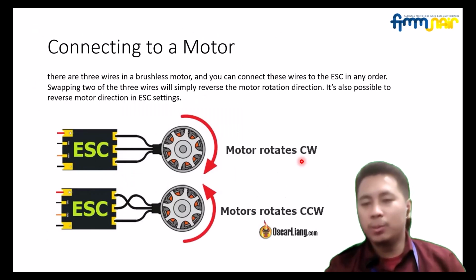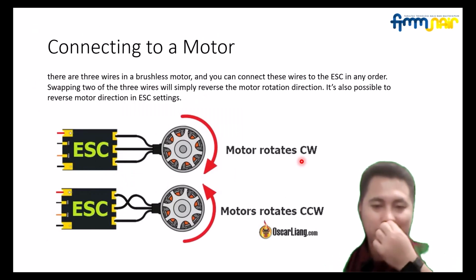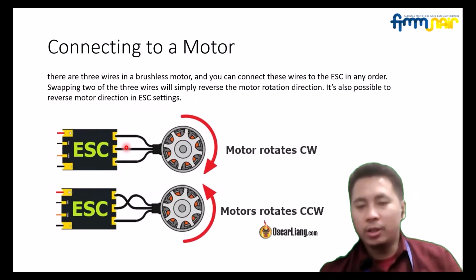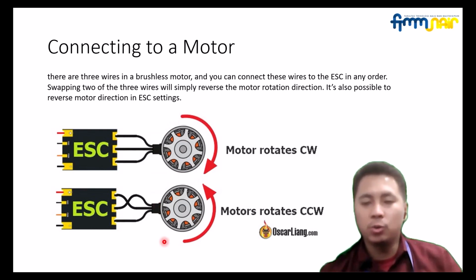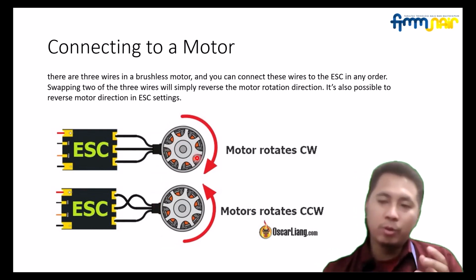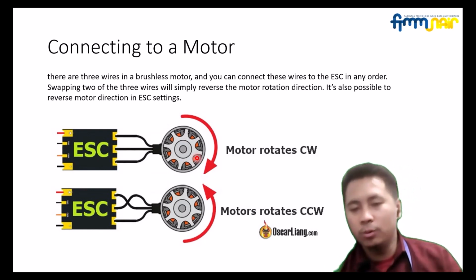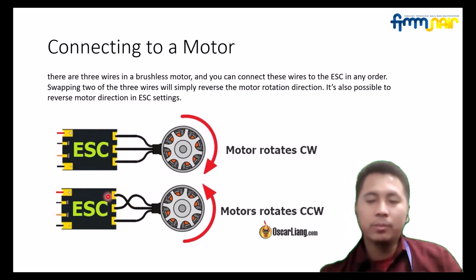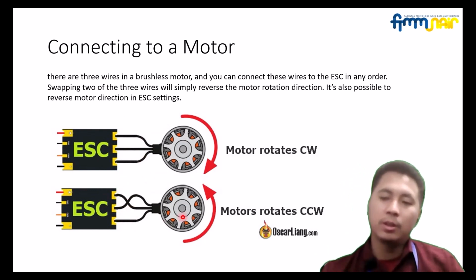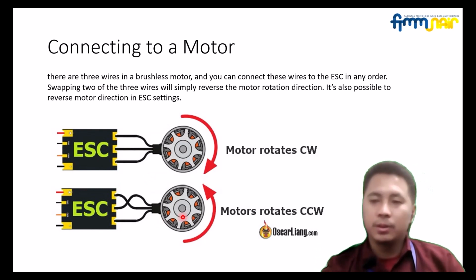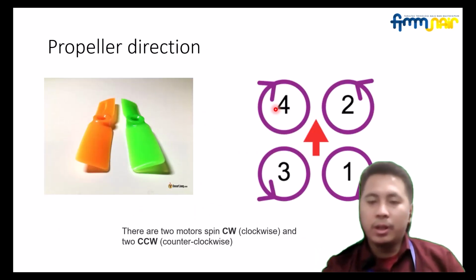And how do we connect the motor? We just connect it because it has three connections. And how do we make it rotate clockwise and counterclockwise, or rotate in reverse? You have to swap two of the three cables, like in this diagram, so it will rotate in the opposite direction.